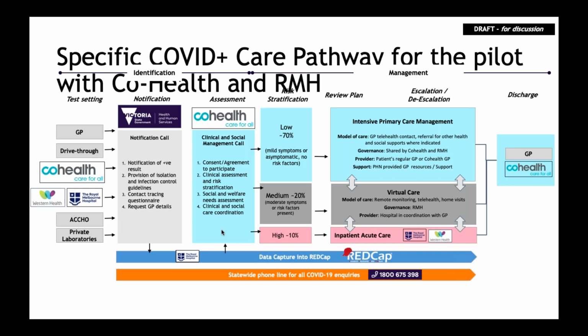High risk being those who require inpatient care, low risk back to their GP if they have one, try and find a GP if they don't, or use a cohealth GP if neither of those two things are possible, especially for people with no Medicare. And then straight into the medium stream if people are higher risk, including comorbidities or age over 60.